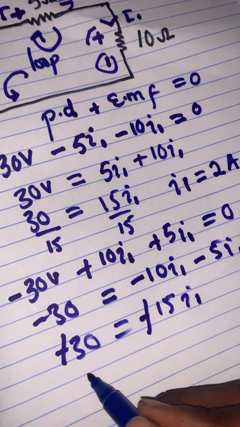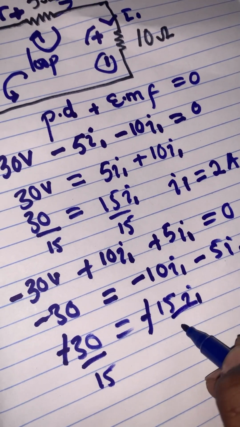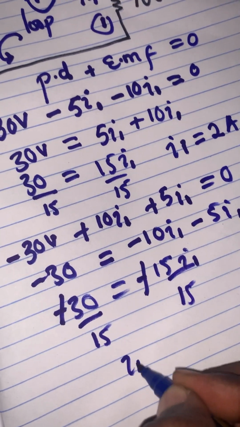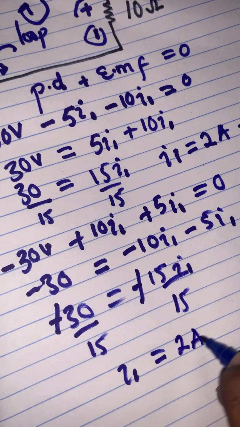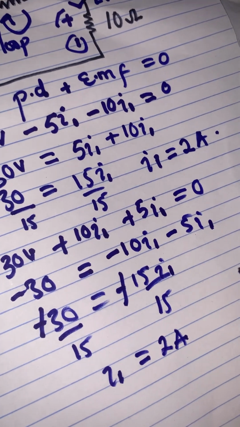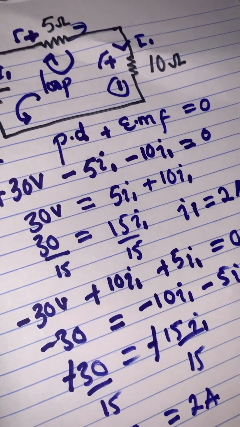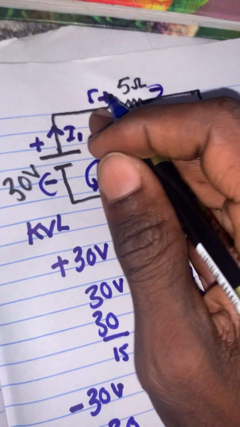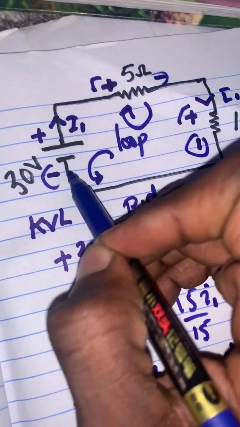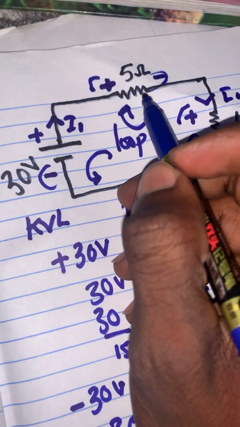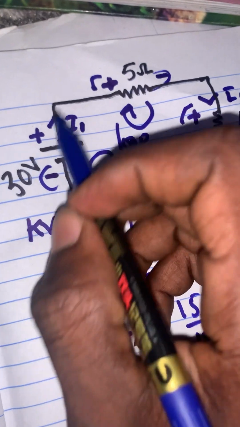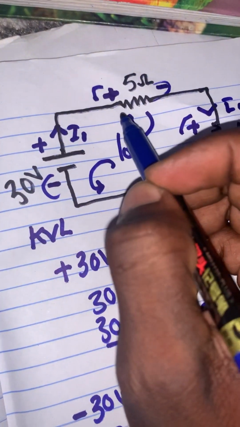We are after I1, so we divide both sides by 15. I1 equals 2 amperes, just the same magnitude. The idea here is, when you take your loop, always ignore the first sign. Any battery or resistor you come across, always take the last sign, following the loop you took.